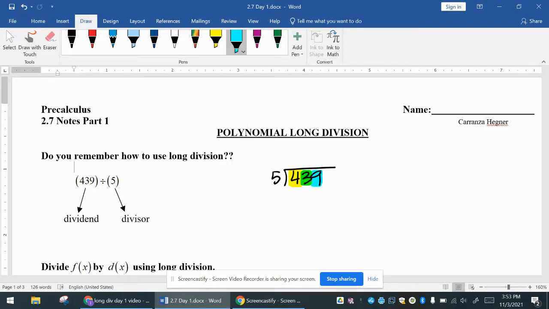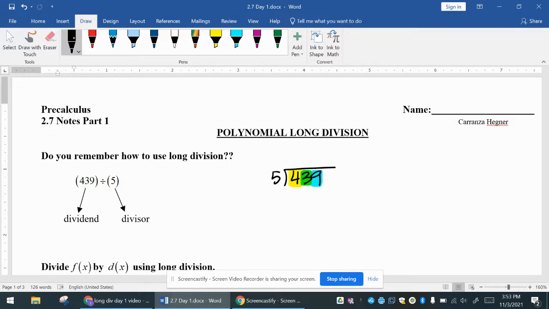So look at the 4, the 3, and the 9, right? Those are like the place values. You would ask yourself, how many times does 5 go into 4, which is the first number? Well, 5 doesn't go into 4.